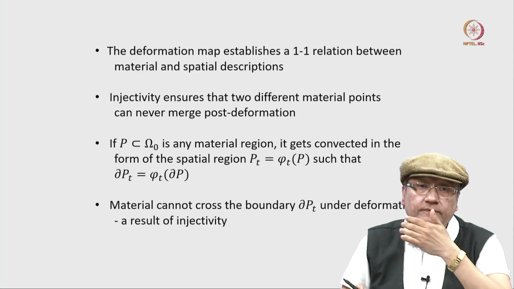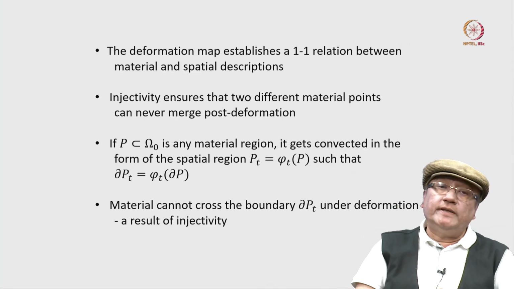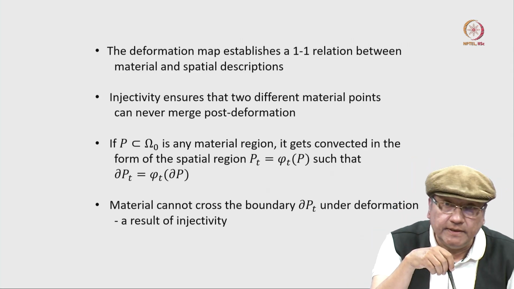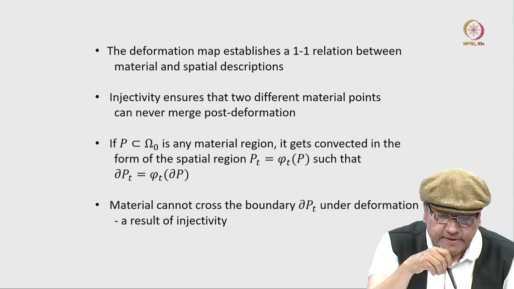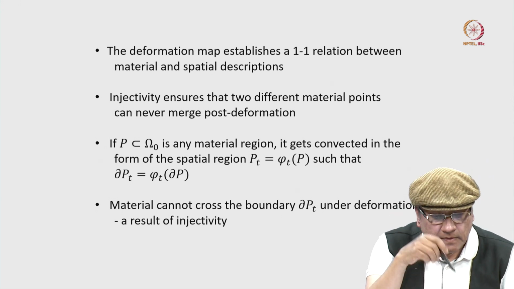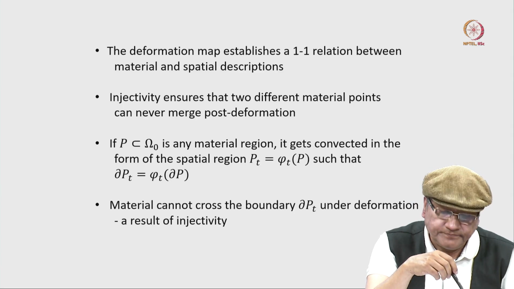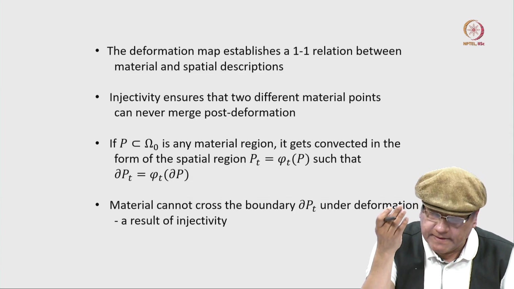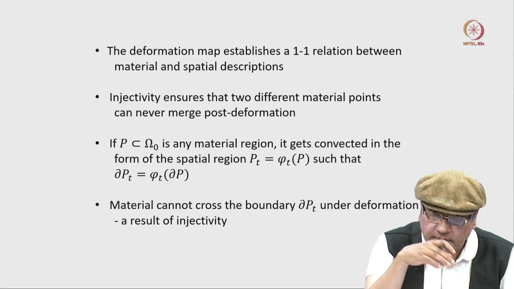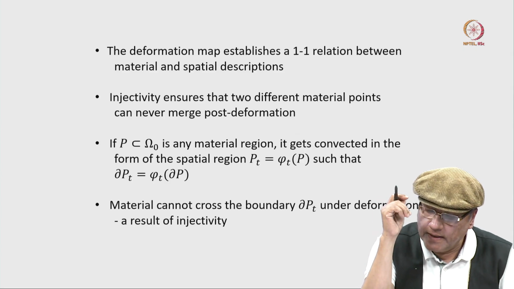Now, think of a collection of points which are given by subsets of the material body or the reference configuration omega 0. So, let P be a proper subset of omega 0, call it a material region.